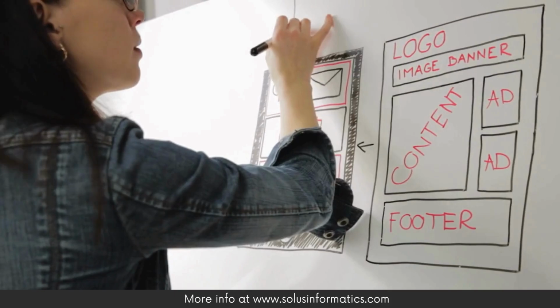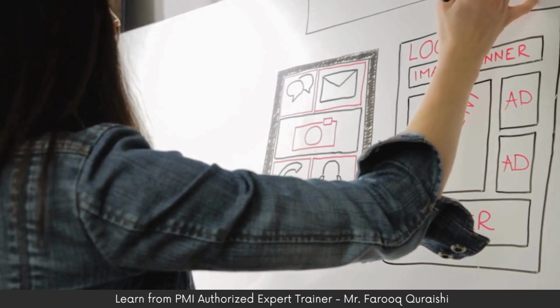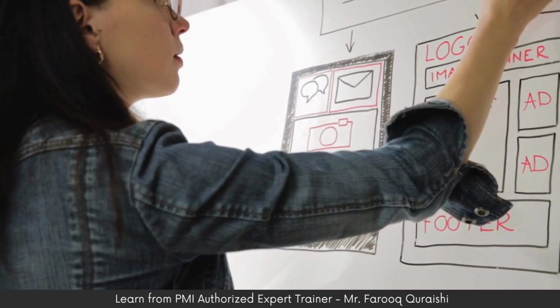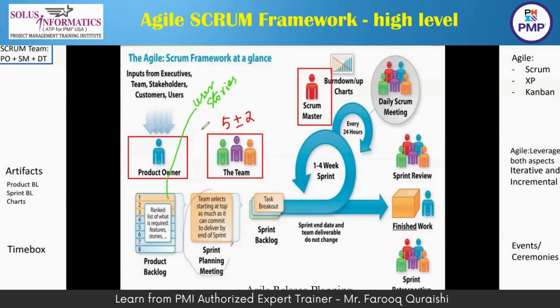You want to integrate a payment gateway to the website, that's a requirement. You want to have a blog, that's a requirement. Those requirements in the Agile Scrum framework are referred to as user stories. These user stories are listed in the product backlog, and this product backlog is managed by the product owner.